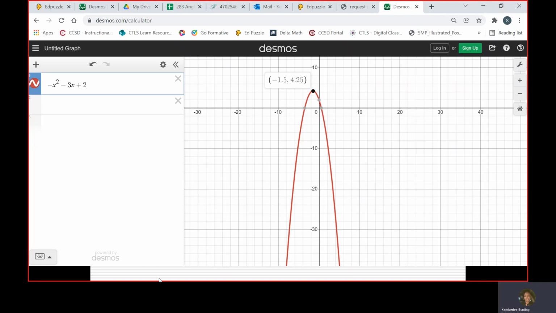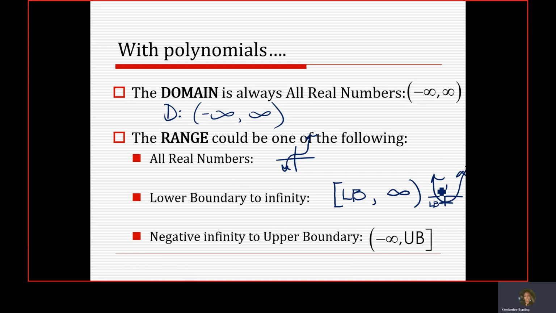So in your notes, you just draw a little raggedy picture like this. Graph, boom, and this is your upper boundary. Does that make sense to y'all?